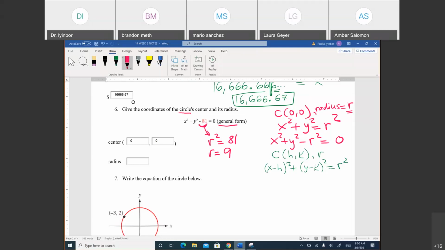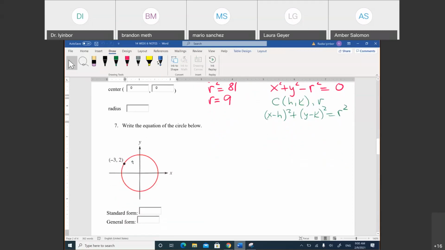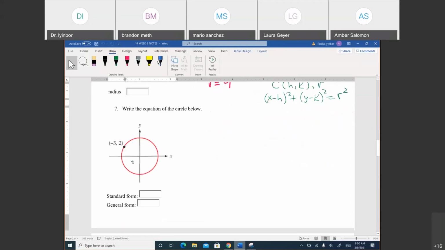So my radius is going to be 9. That's it. Okay, so that's all you do. You take the square root of the number. Okay? Any questions here? And let's do the next one the same way, the same formulas.